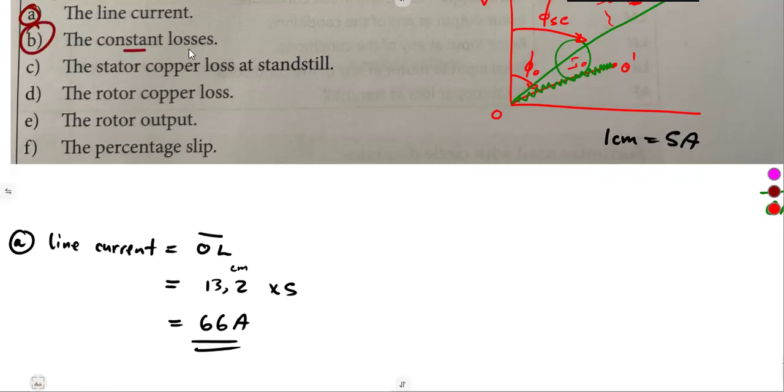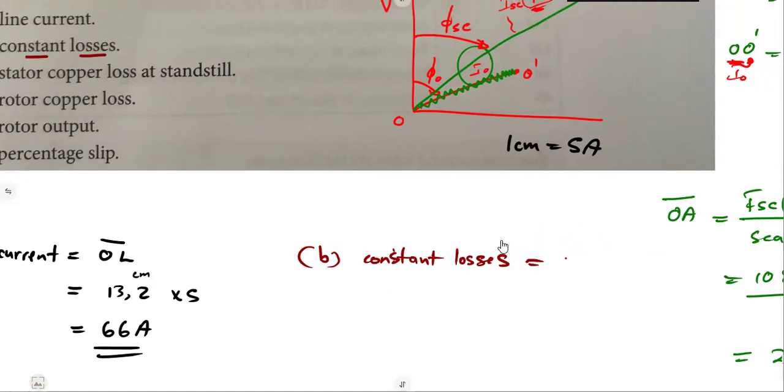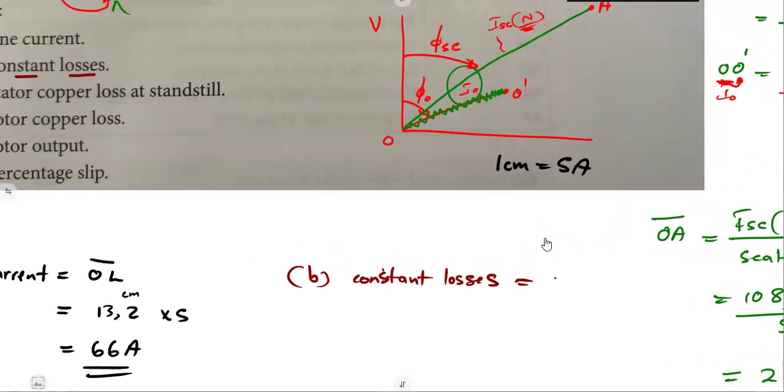Then the constant losses. We are now talking about the power, but the power for the constant losses. In this case, the formula is also given, or we can take it.